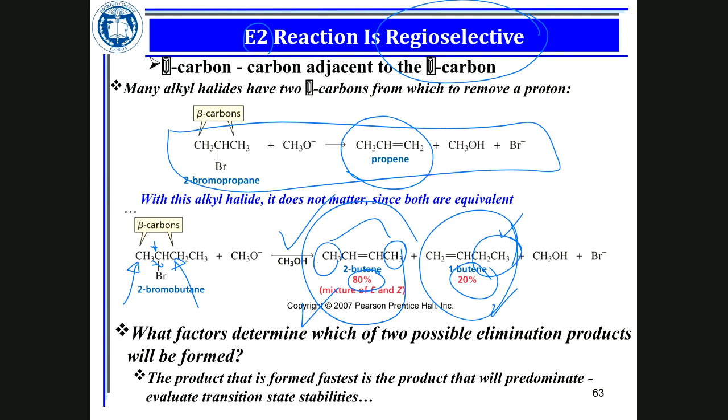When we come to E2 mechanism, we don't have carbocation intermediate, but we have to look at the stability of the product. Which hydrogen should be removed in order to get more stable product? So the answer is remove the hydrogen from adjacent carbon. So which adjacent carbon? Remove the hydrogen from adjacent carbon such that when a carbon-carbon double bond forms, you get more alkyl groups attached to the carbon-carbon double bond.